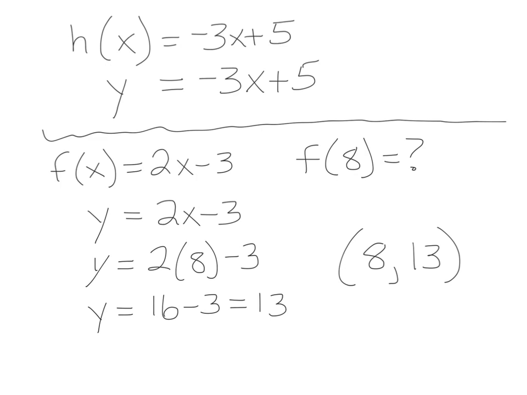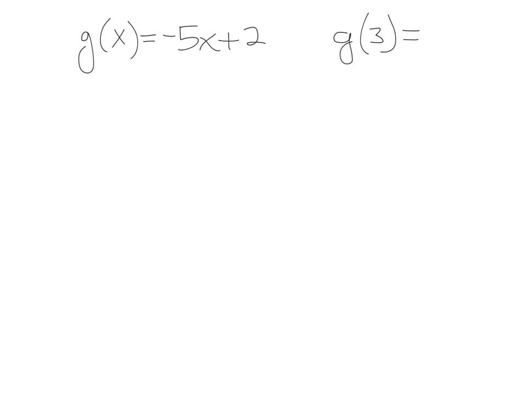All right, a couple more. What if they're saying g of x equals negative 5x plus 2, and they want to know, well, what's g at 3? Okay, get rid of this mess. G of x, get rid of it, turn it into a y.